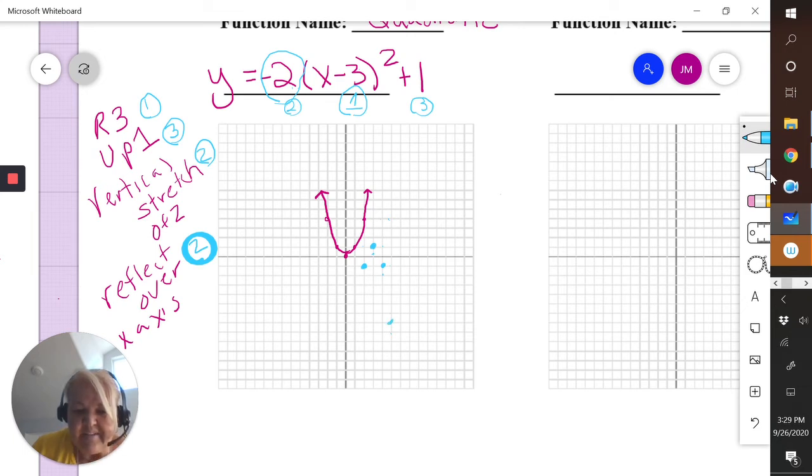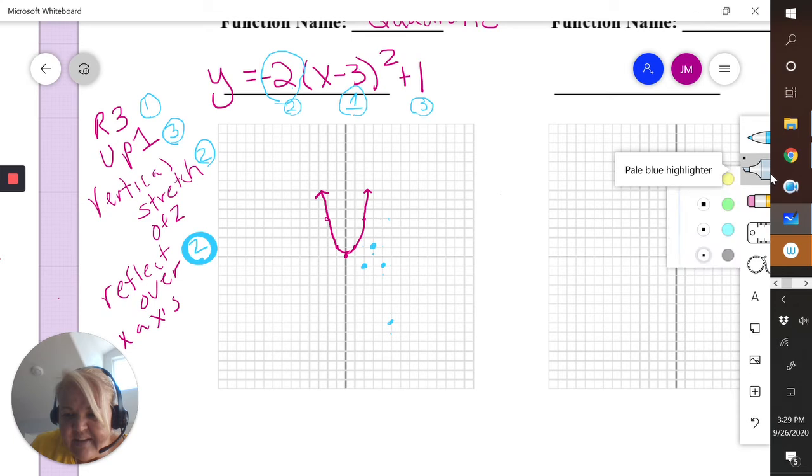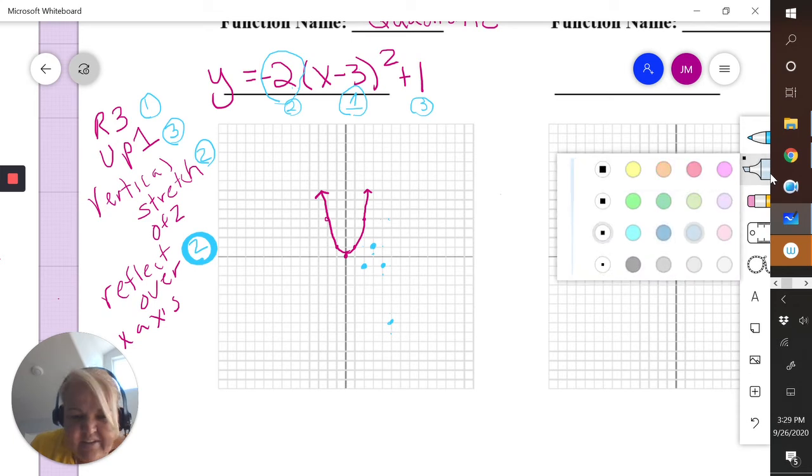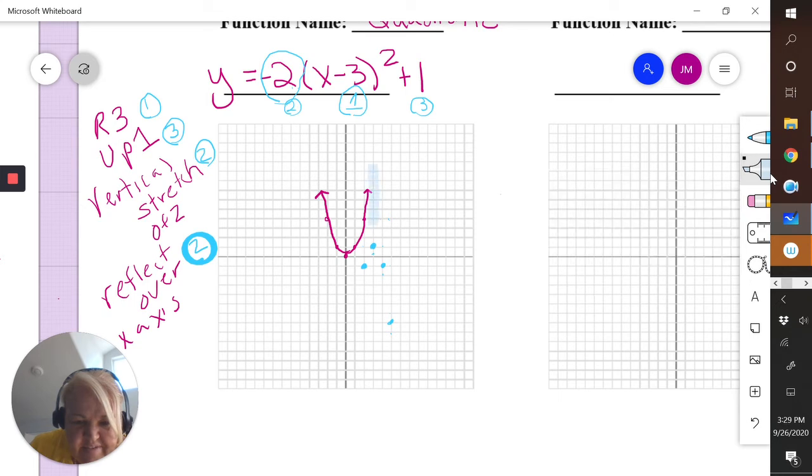And now you could probably start to use a little bit of symmetry since we know that this is the axis of symmetry. This point is 1, 2 to the right of the axis of symmetry. So let me draw that axis in so you can see it a little better. I'll draw it with a thin highlighter. The axis of symmetry on this new blue graph is right here.